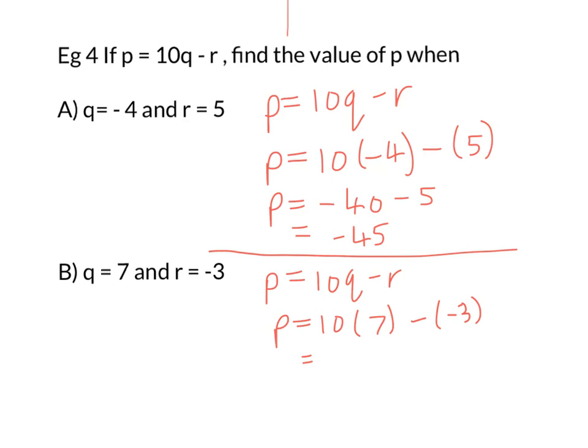Then 10 sevens, remember when they're together that means multiply, so 10 times 7 is 70, and we're going to take away negative 3. If you remember your negative number rules, if you take away a negative number, it means you add it on. A negative number will bring down your answer, so if you take that away, it'll bring up the answer, so that's why it's a positive, and you get 73.